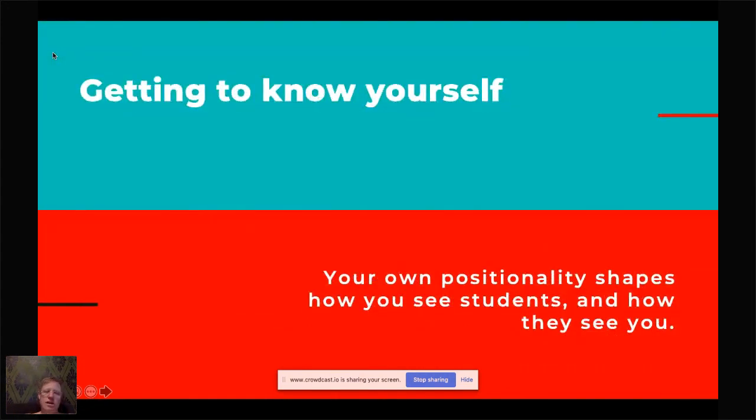So the first thing I want to talk about in terms of inclusive excellence is that part of what we have to do is get to know ourselves and how our own positionality shapes how we see students and how they see us.